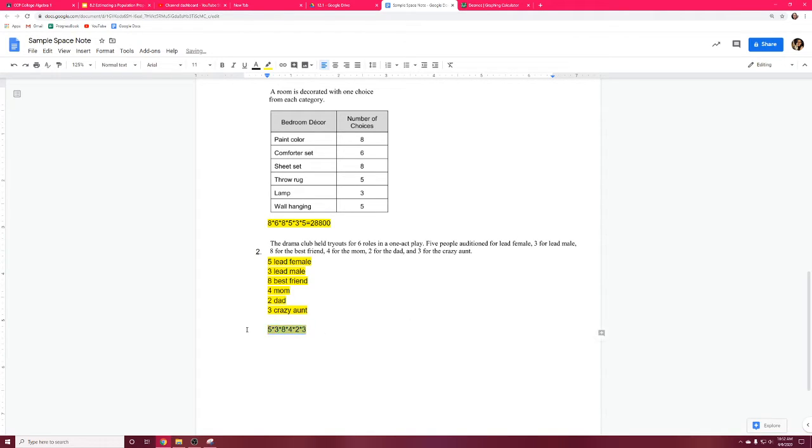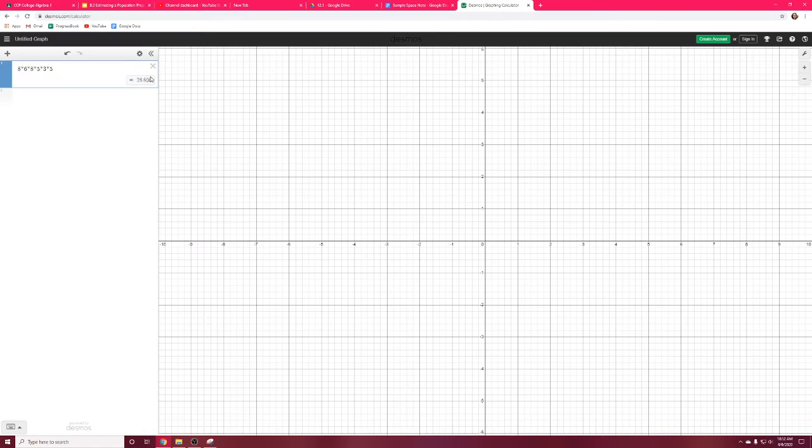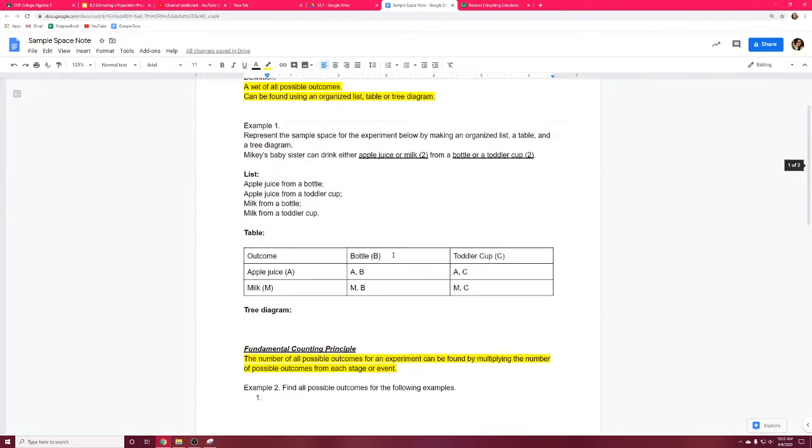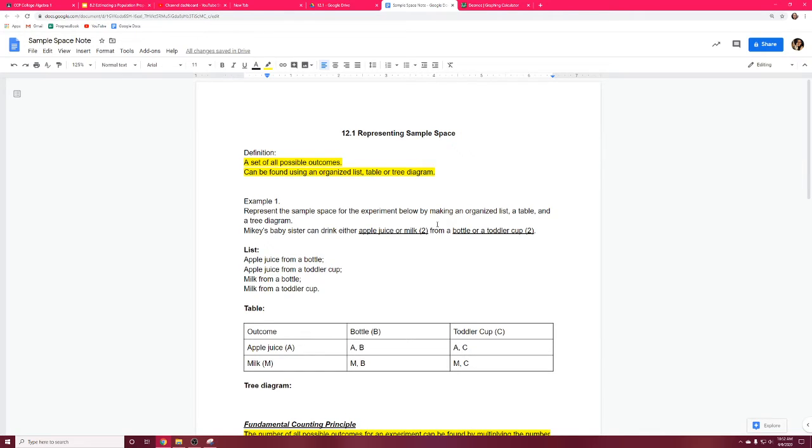Again, I copy and paste it in decimals. You can see how lazy I am. 2880. So here is your answer: they have 2,880 possible outcomes.